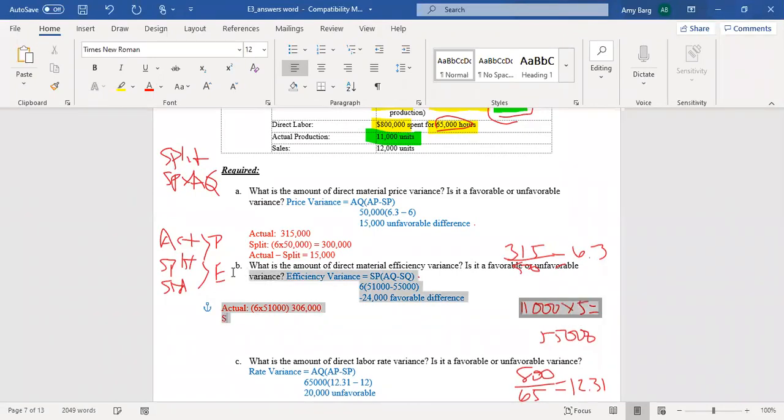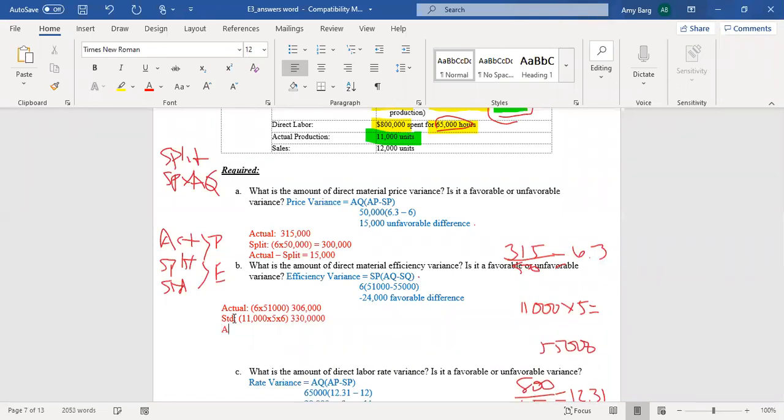And the standard cost is going to be, so to figure out the standard cost, you need the 11,000 units we produced, multiply that by the 5 kilograms per unit and the $6 per kilogram. So we have to multiply by all that, and that turns out to be 330,000.